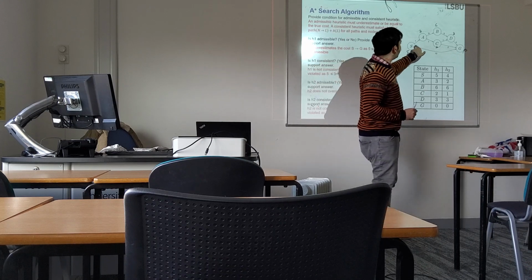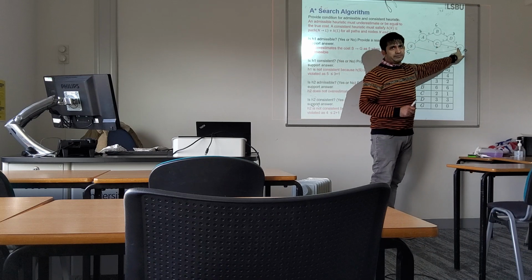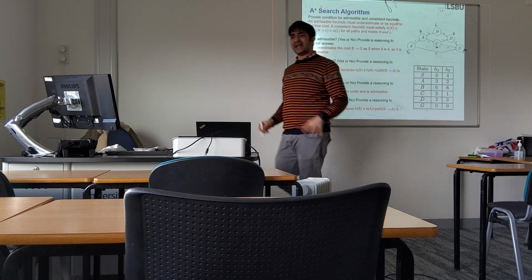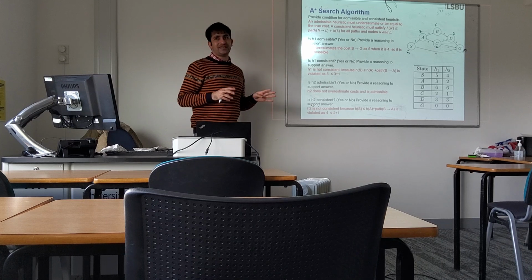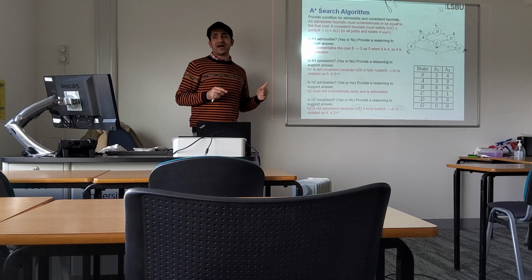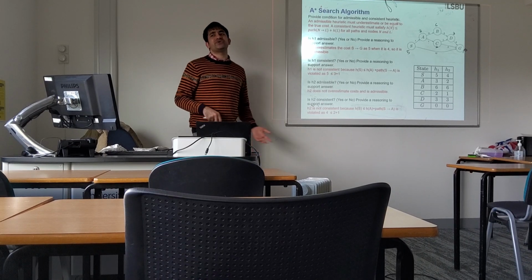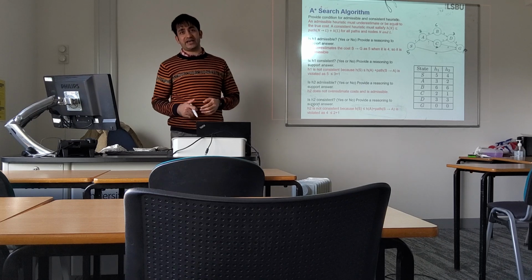Okay, so you can see that S to A to C, and C to G. So you can see that 1 plus 1 plus 2 is 4. So clearly we can see that the shortest distance is 4, whereas our heuristic is telling us that the shortest distance is 5. So it means that this heuristic is clearly not admissible, right?